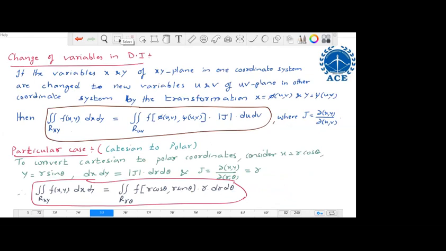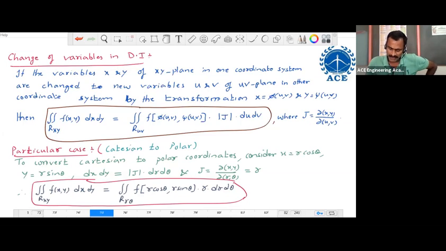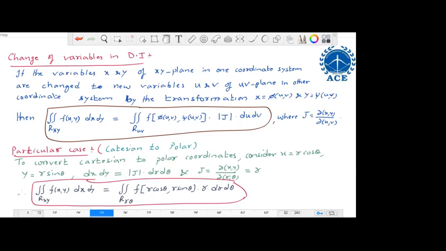Sir, here that Jacobian part means, in EMT we used to write for dx dy means dl is equal to dx ax cap plus dy ay cap plus dz az cap.